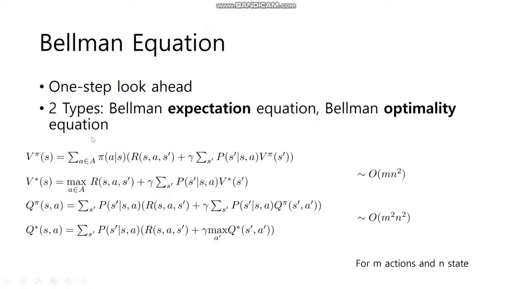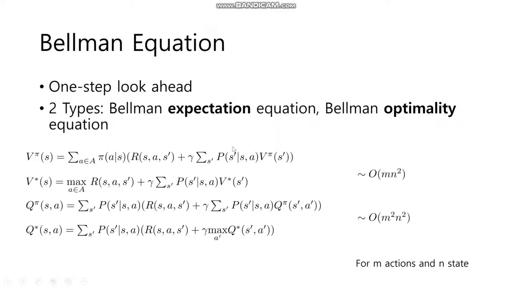basically the Bellman expectation equation is the correlation between the value function at state S and the value function at state S prime. So at current state S, the value function is calculated by the reward function plus the value function at the next state, but we don't know what state we're going to be in.